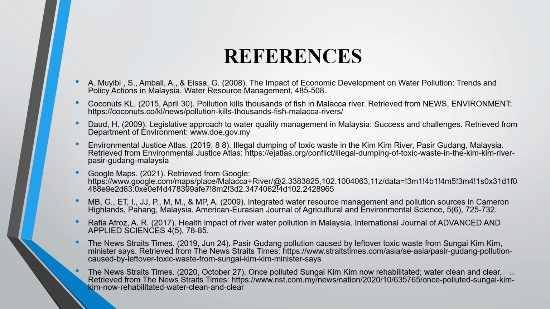Google Maps, 2020. Integrated Water Resource Management and Pollution, 2009. Rafia Afroz, Health Impact of the River Water Pollution in Malaysia. The New Straits Times, 2019. And last part, the New Straits Times, 2020.